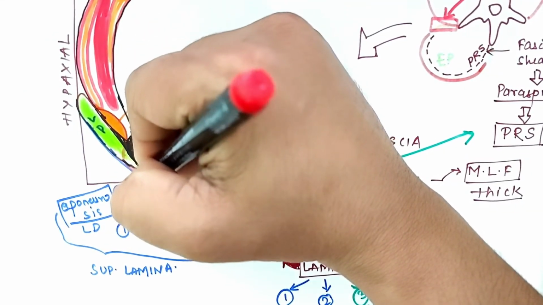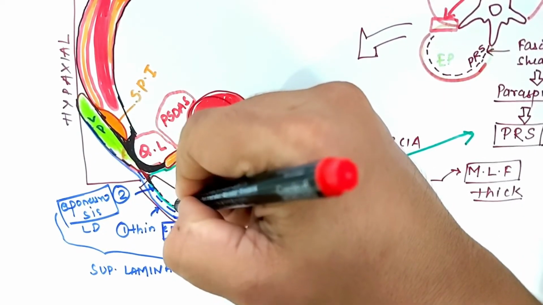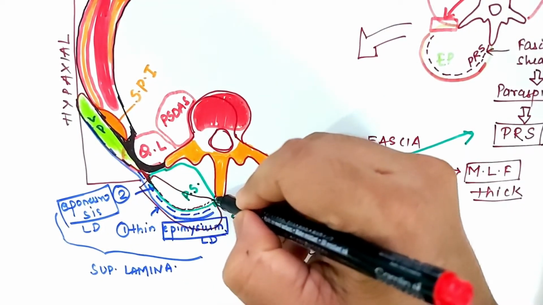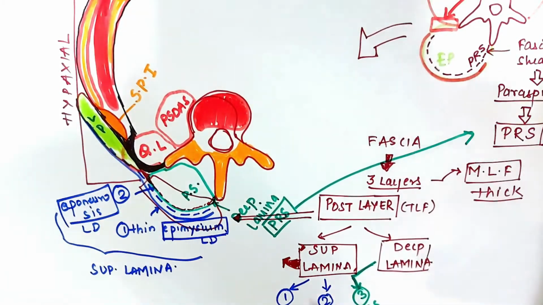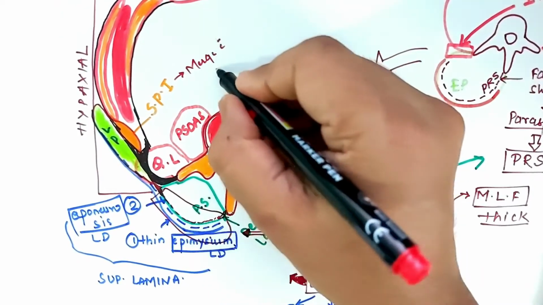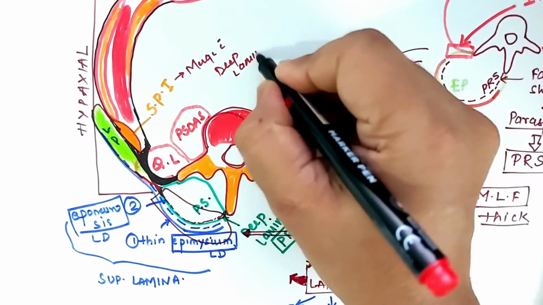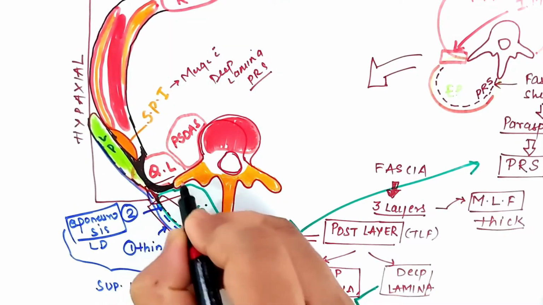The extension of the fascial sheets becomes continuous with the PRS. So the deep lamina is continuous with the serratus posterior inferior and attached to the spinous process. So the fascia of SPI merges with the PRS.